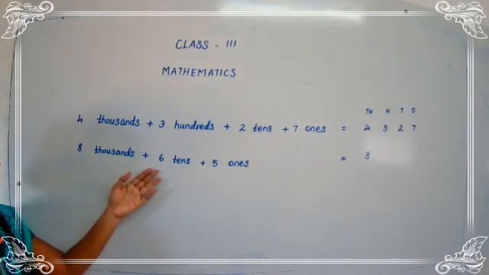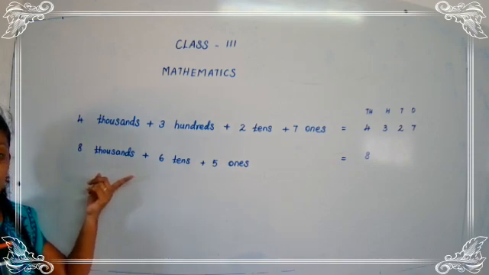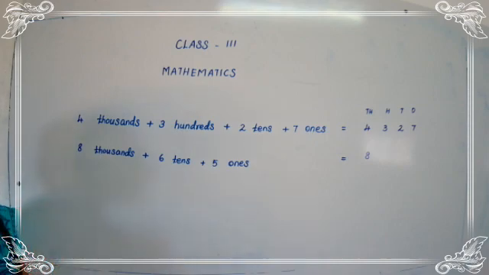Okay, how many hundreds are here? Is there any 100 value? No, they didn't give the 100 value. If they didn't give any value, we have to fill with 0. 0 always has the same place value and face value.